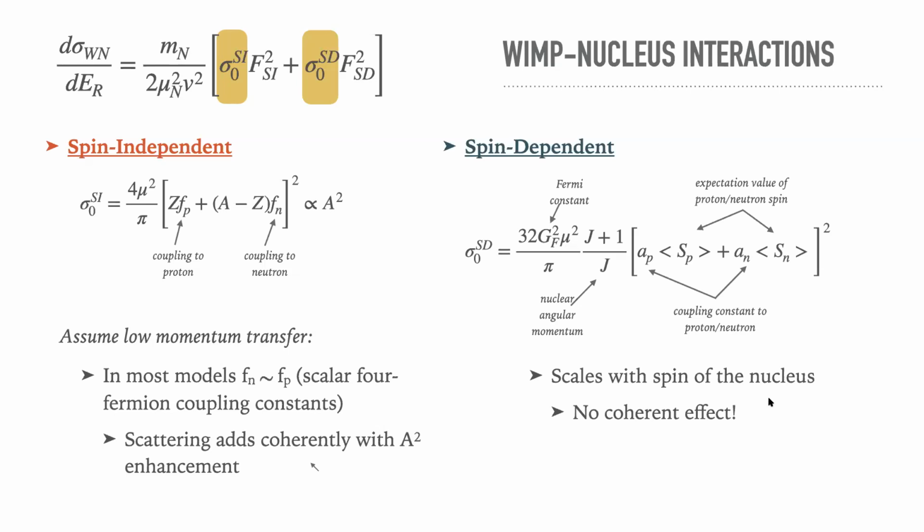If you're looking for spin-independent interactions, you want to go with a heavier target, or a target that's similar in size to what you think your dark matter particle is, to make the most of the A squared enhancement. In the spin-dependent case, you don't get that enhancement from the size of the nucleus. You get your largest sensitivity from having a free proton or a free neutron that your dark matter particle can couple to. That might be the most straightforward way to say it.